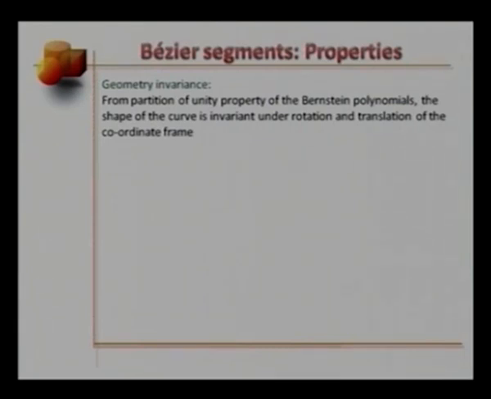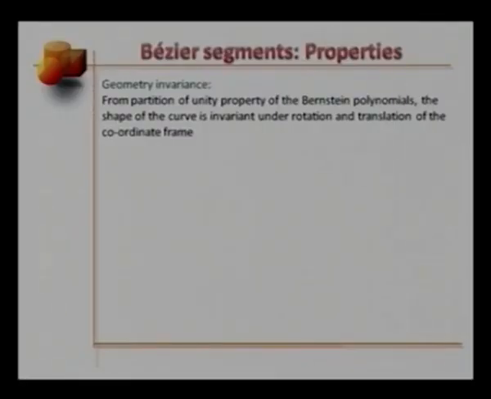I recommend that you revisit the discussion on barycentric coordinates and affine combination. There we had stated that when the weights in the combination sum to 1, the shape of the curve does not change when the coordinate system is rotated or translated.